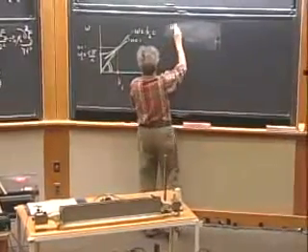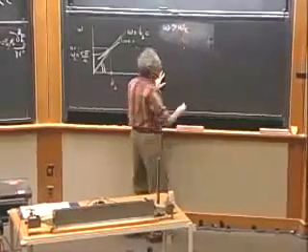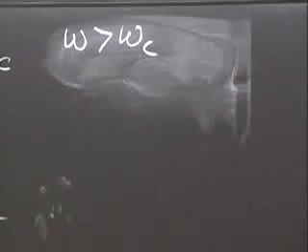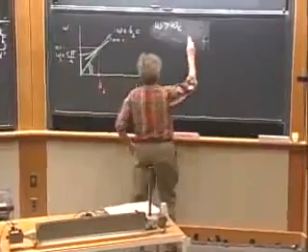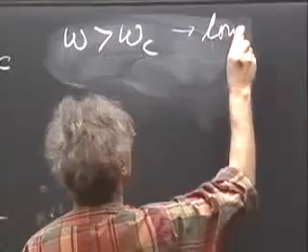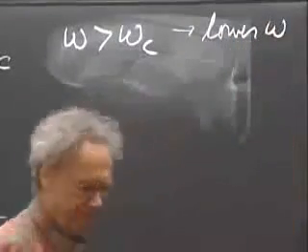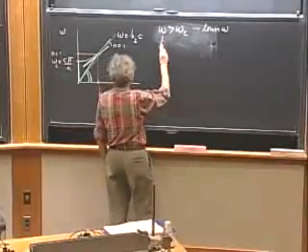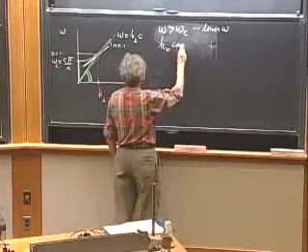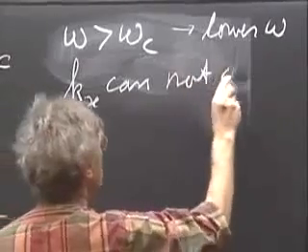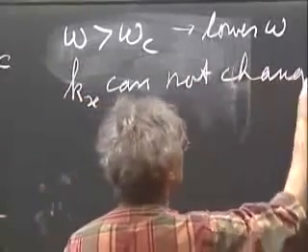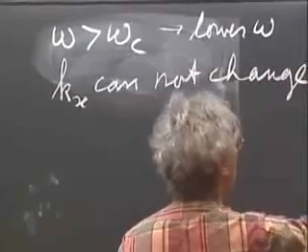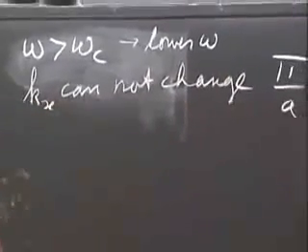So I start with omega, which is larger than omega c. That's how I start. It's a given. And now I'm going to lower omega. Well, when you lower omega, kx cannot change. It must remain pi over a, because it must meet the boundary conditions.